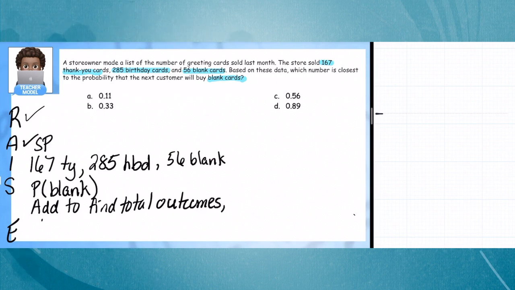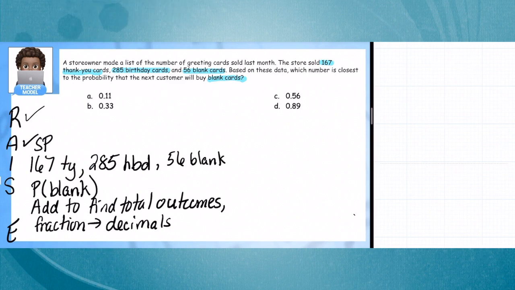And then I'm going to change this from a fraction. And I was going to say to a percent, but I realized all my answers are in decimals. And it should be pretty easy for me to identify which one it is as long as I don't make a computational error. So let's make sure I'm showing all of my work here. Okay, and I have my calculator to help me.